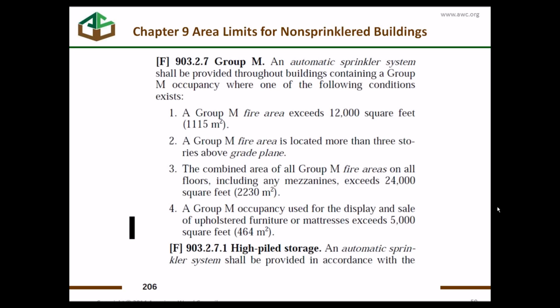So you always have to go back here to Chapter 9 and check this. I want to demonstrate how this can catch you possibly. This is the same exercise that we looked at previously, that you figured out the allowable area for that building.